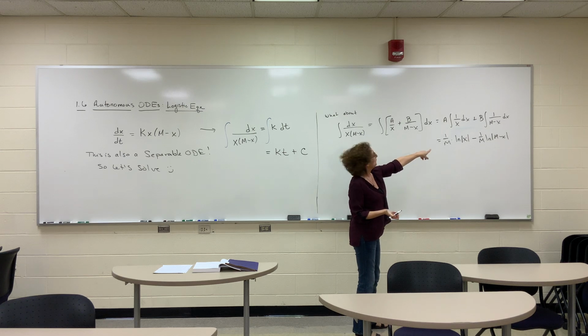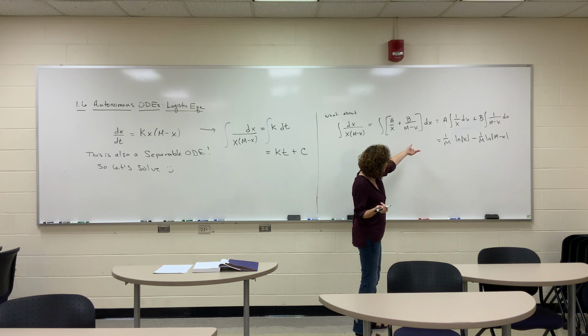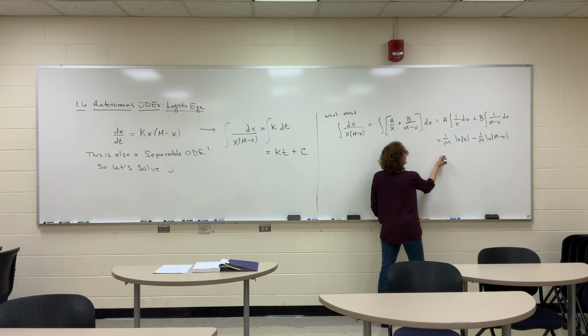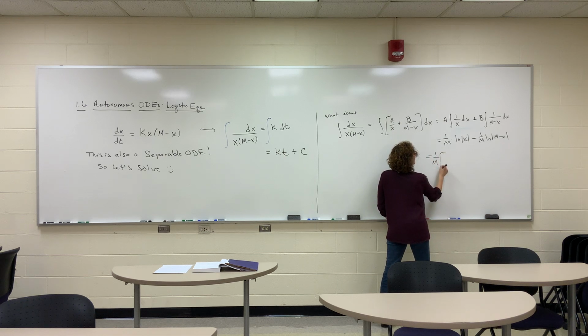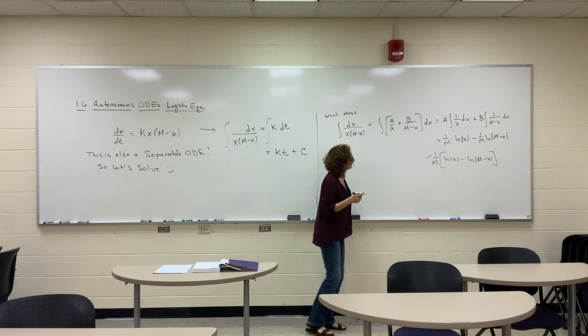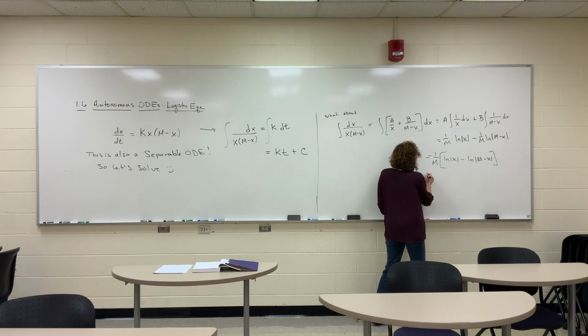There's a lot of things we could do with this expression. One of them is that we could maybe just factor out a 1 over m, and we have the natural log of the absolute value of x minus the natural log of the absolute value of m minus x.